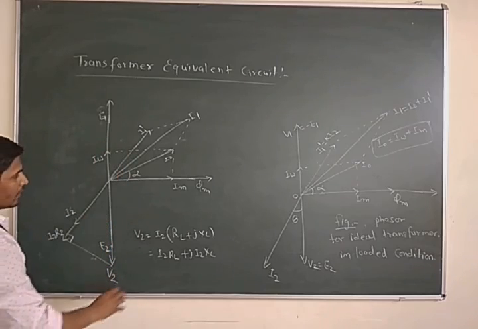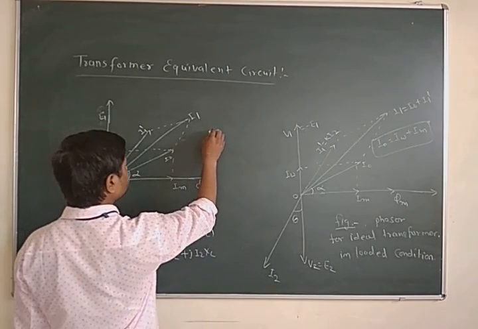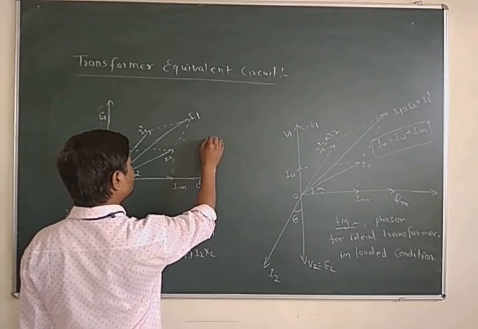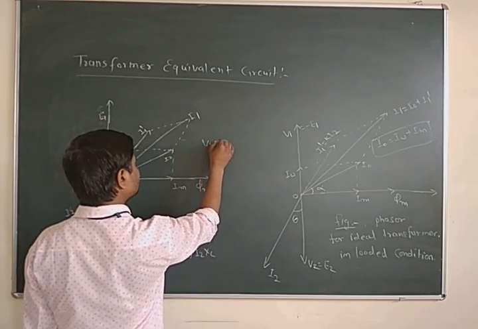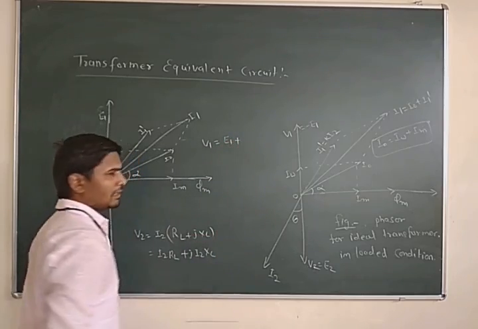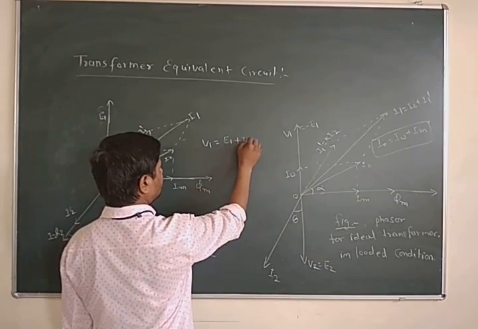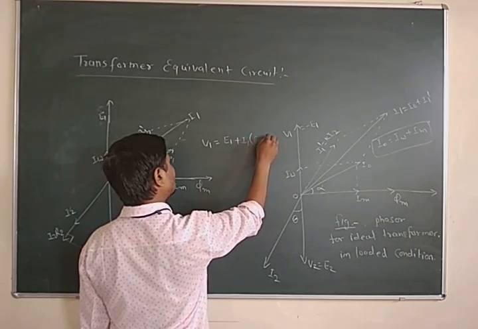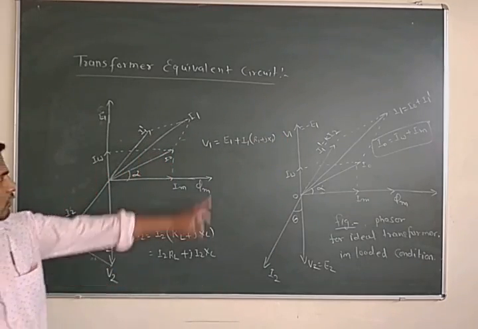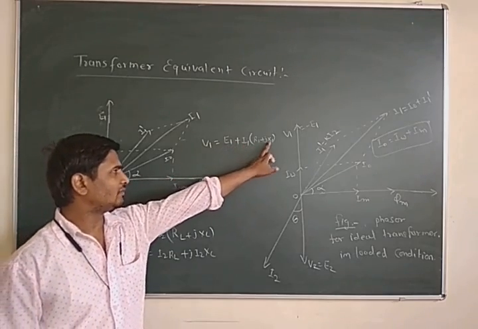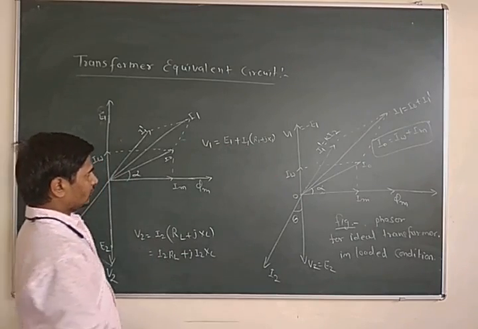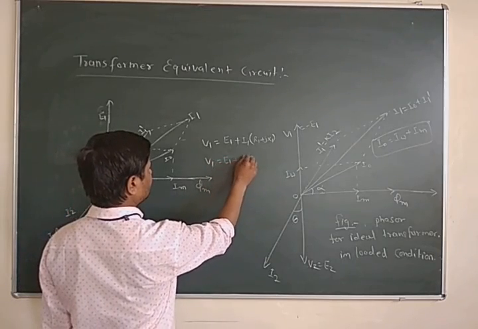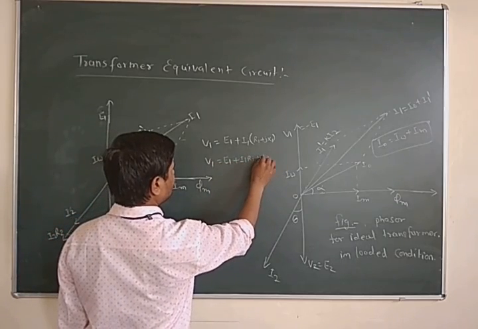Similarly here, from the V2 side, V1 is equal to E1 plus I1 (R1 plus jX1), or we can write V1 is equal to E1 plus I1 R1 plus j I1 X1.